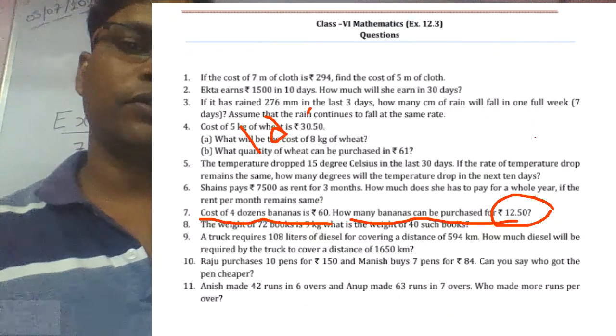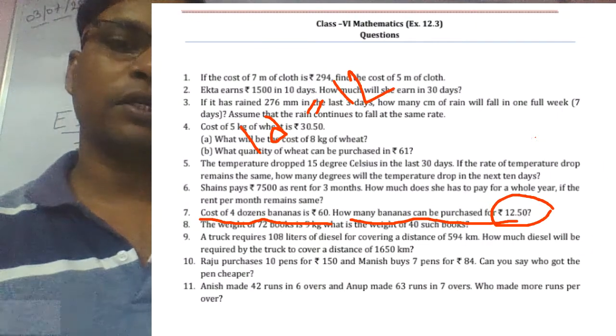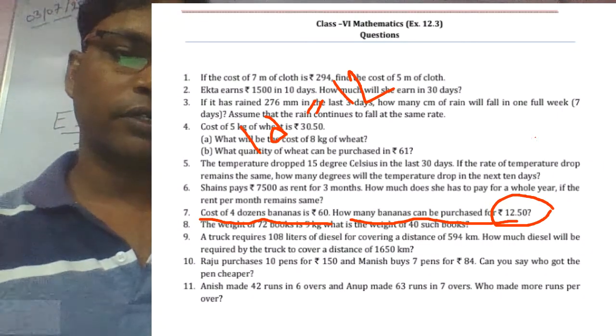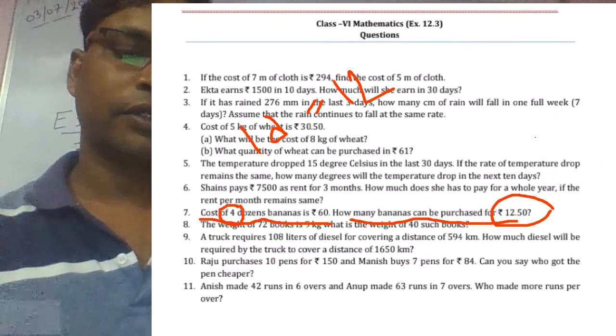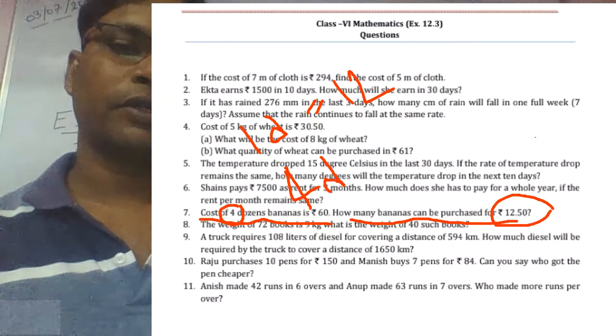So students, one thing I want to make clear: 1 dozen bananas is equal to how many bananas? 12. Okay, so here you can see this is 4 dozen bananas.